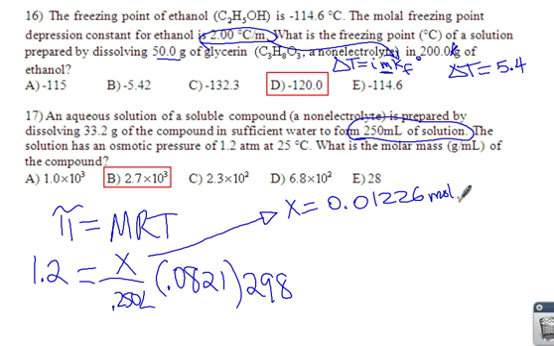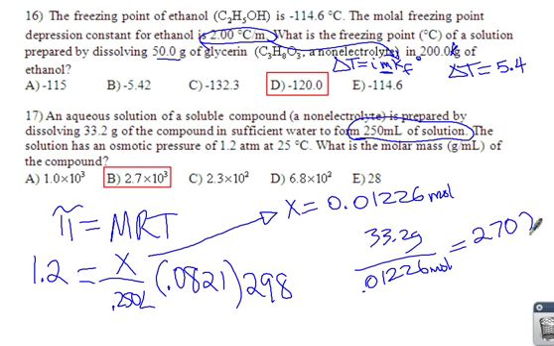So I'm going to take those 33.2 grams divided by 0.01226 moles, and I would have the molar mass of this substance. Oh, wow, this is a huge one. 2,700 grams per mole. That must be a gigantic molecule, some very long organic chain of some sort.